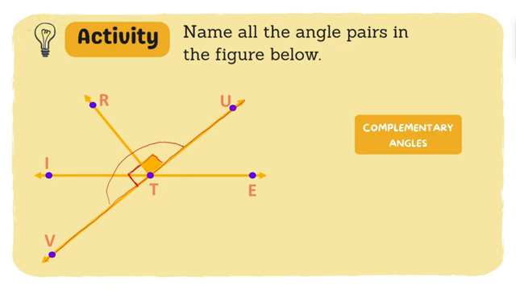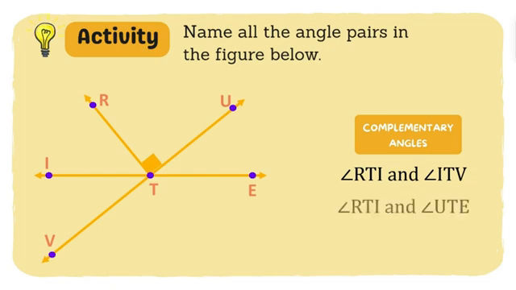Now, ano yung mga angles na complementary? Ang mga angles na complementary, they add up to 90 degrees. Okay, so let's check kung saan dito yung mga complementary angles. We have angle RTI and angle ITV. And also we have angle RTI and angle UTE. Okay, let's point them out.